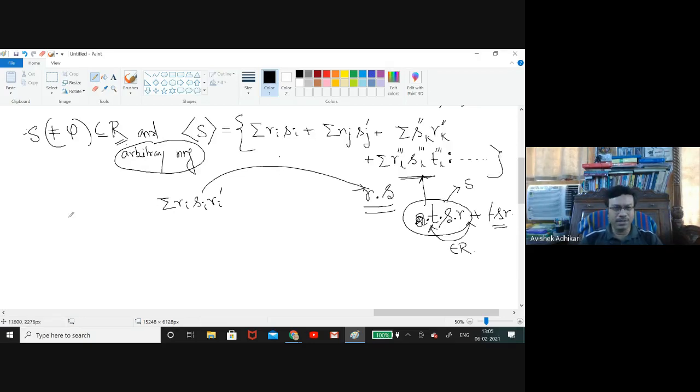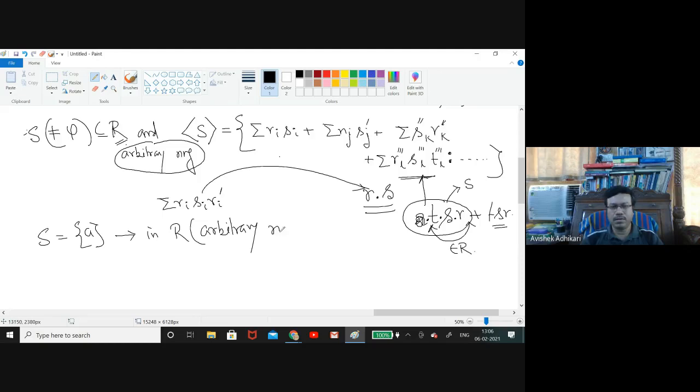Now tell me somebody, if S consists of only one element, say A, in an arbitrary ring R, how should it look like? What should be the left ideal generated by A?